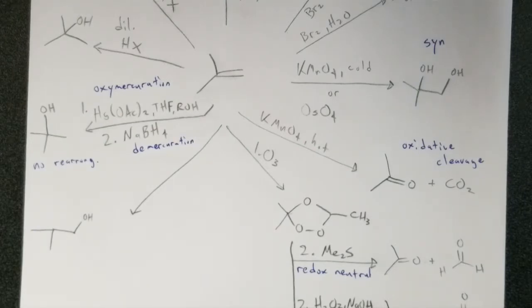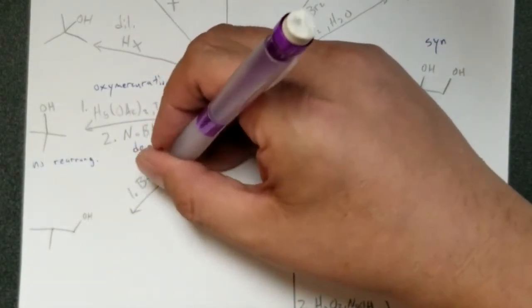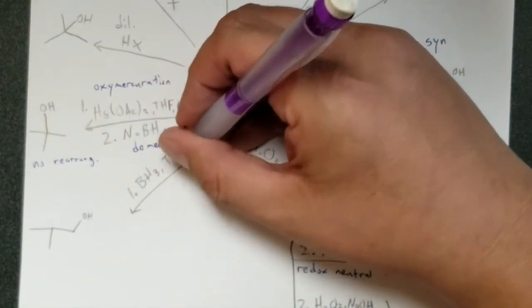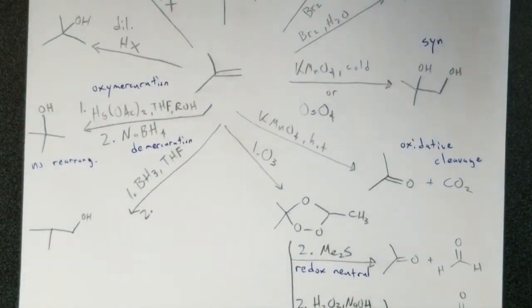That was the borohydride reaction. And what was the name of that reaction? Hydroboration oxidation was the name of it. So this was a reaction with BH3, THF. So there's your hydroboration step. And what do we use for oxidation?